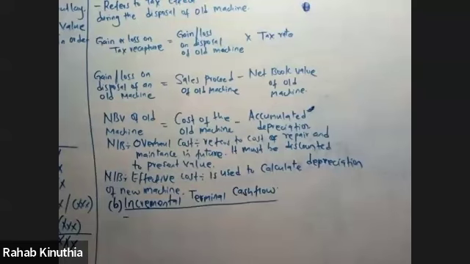So, for example, if a machine is expected to be used for the next 5 years, then at the end of that 5 years, the machine can be disposed.